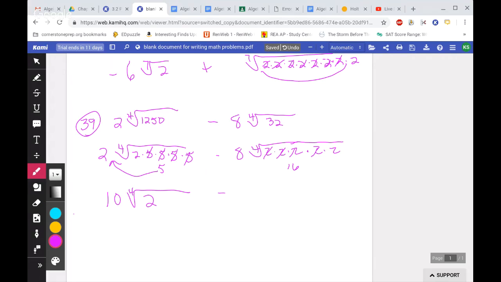Pull the 2 out, and that makes that 8 a 16, 4th root of 2. So 10 minus 16 is -6 times the 4th root of 2. And that's my final answer.